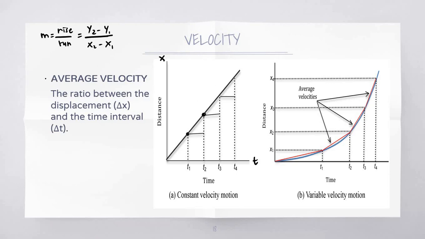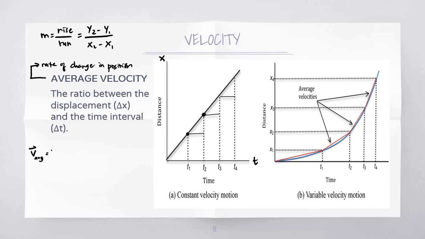Velocity is also defined as the rate of change in position. So again, the rate of change in position. So again, we will just pattern our formula for average velocity with our formula of the slope of the line. So this one will be our equation.